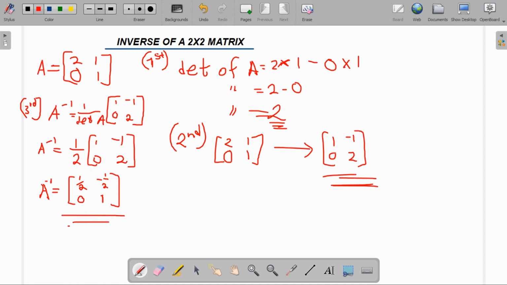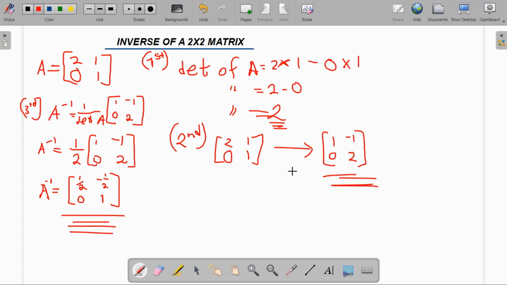And that is the inverse. So that's how we find the inverse of a matrix. The first thing when you're finding the inverse of a matrix is to find the determinant. Once you find the determinant, you can find the second matrix by interchanging the major diagonal, and then the minor diagonal you multiply by negative.